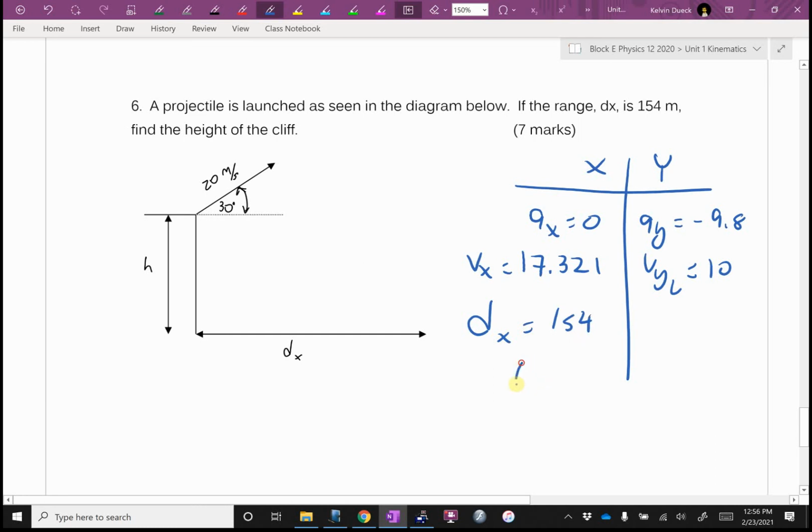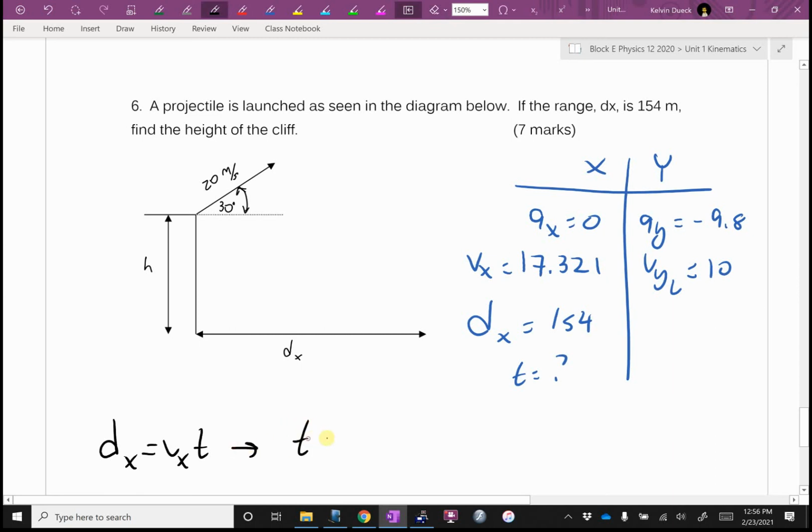You know what? I'm going to find time horizontally. Way nicer, because horizontally, dx equals vxt plus a half at squared. But what's my horizontal acceleration? So it's just going to be 17.321. To get the time by itself, how would I get the time by itself?